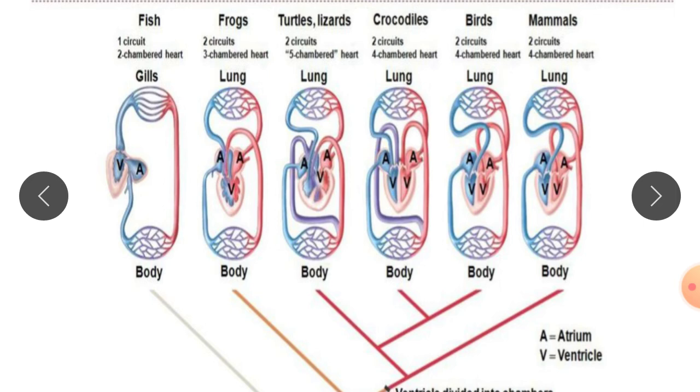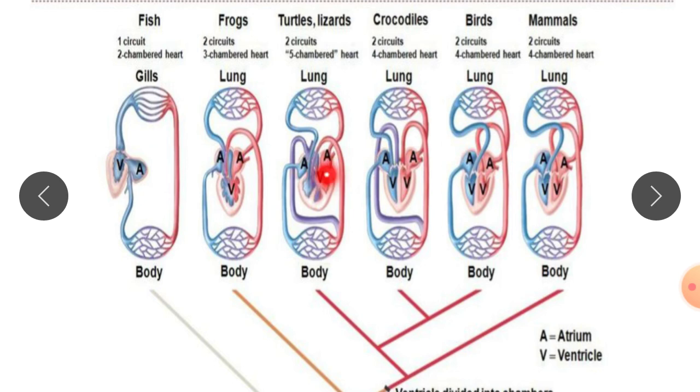So in lizards, okay, can you see? From the body, deoxygenated blood goes to the right auricle. From the lungs, oxygenated blood goes to the left auricle.